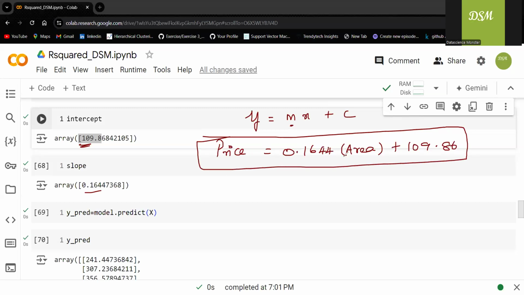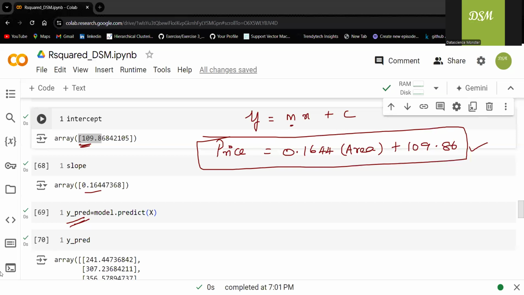So I really want to know whether this is correct or not. Can I go ahead with this or not? So let me predict the value of y so that I'll come to know how far the distance between the actual and predicted value is. I'm just going ahead with the prediction.